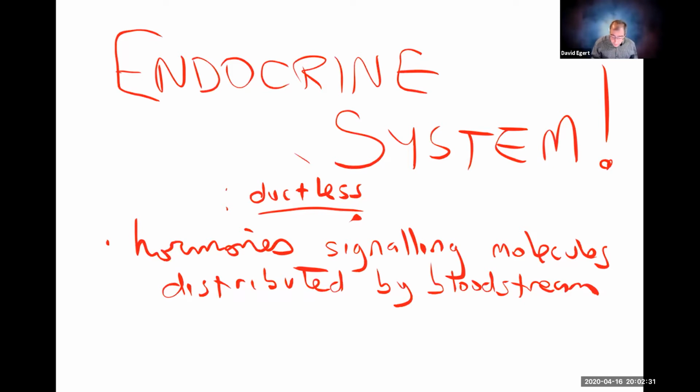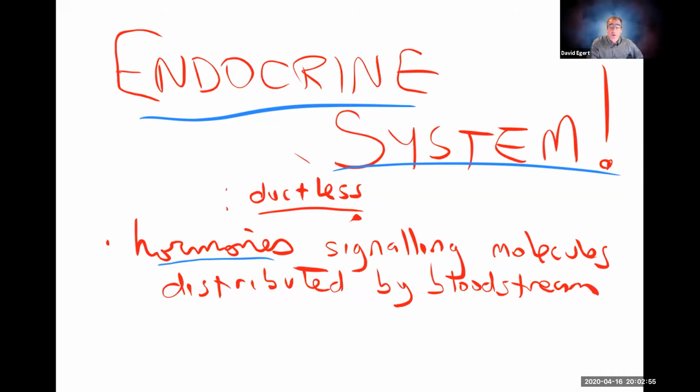One of the things that is important to know is there are endocrine glands that are obviously part of the endocrine system, like the thyroid and the adrenal glands. But there are also a lot of other organs that are not primary endocrine glands that use hormones to help coordinate things in your body.